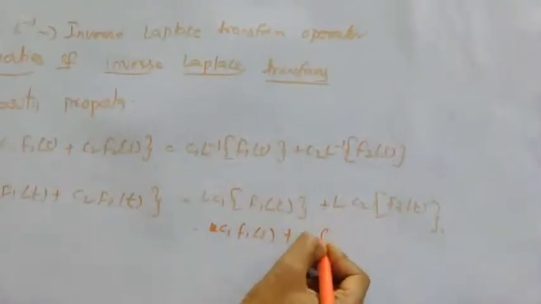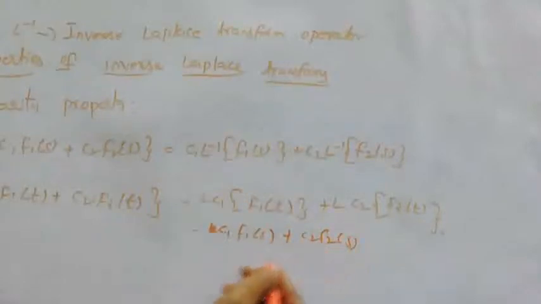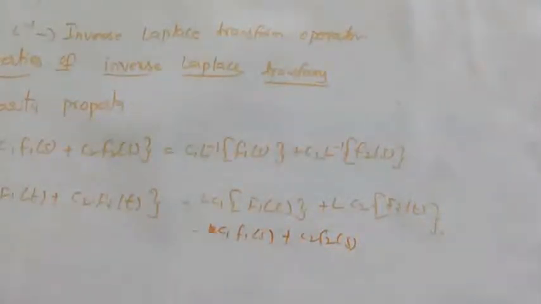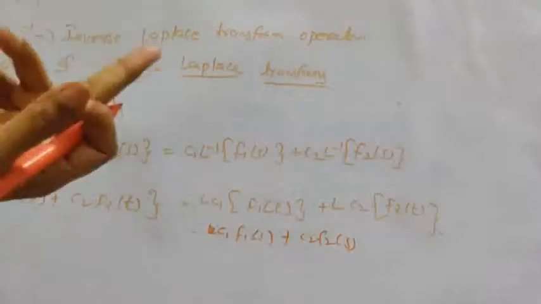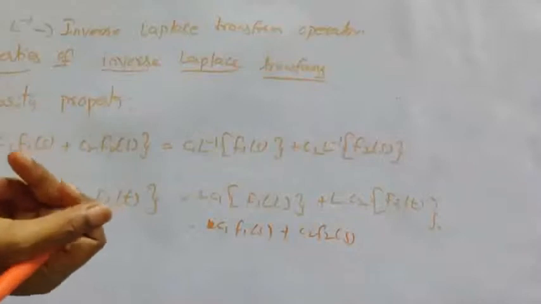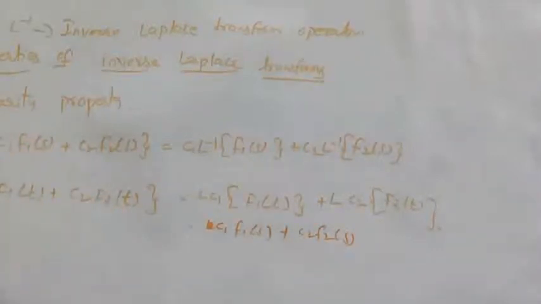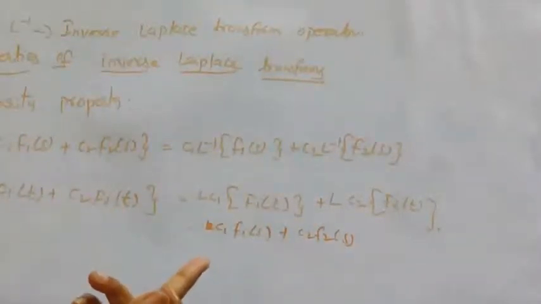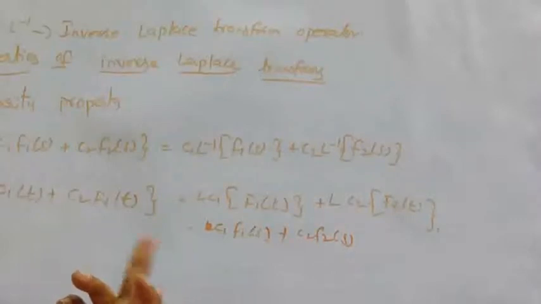So we get C1 F1 of s plus C2 F2 of s. Now send this L to that side, that means taking the inverse Laplace transform.